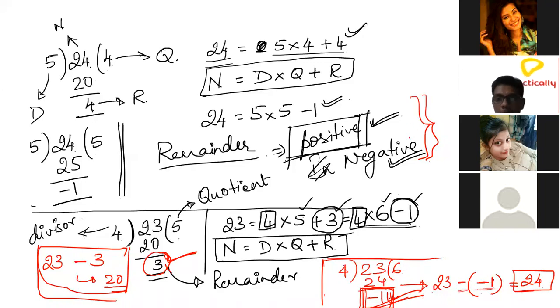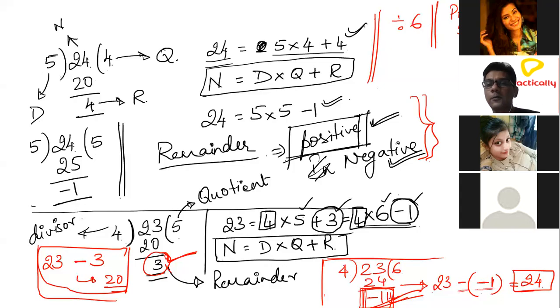Okay. So the basic way of figuring out: if I'm dividing a number by, let's say, 6, and the positive remainder you are getting is 5, can you quickly tell me what is the negative remainder? The difference, 5 minus 6, is minus 1. That becomes the negative remainder.